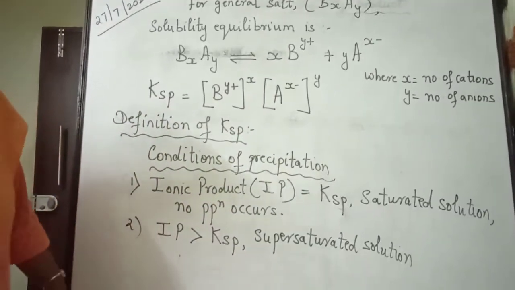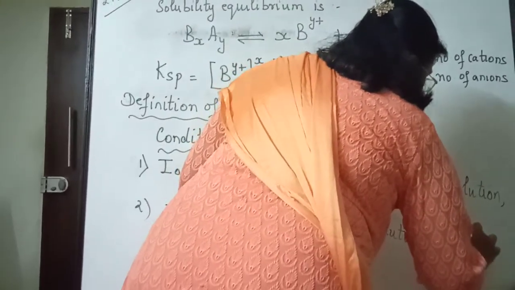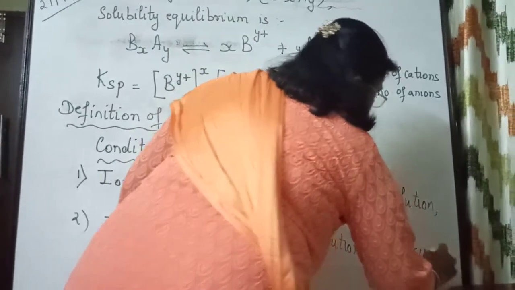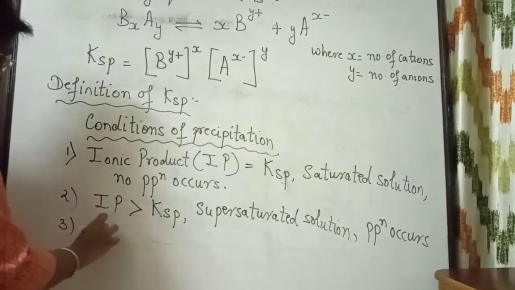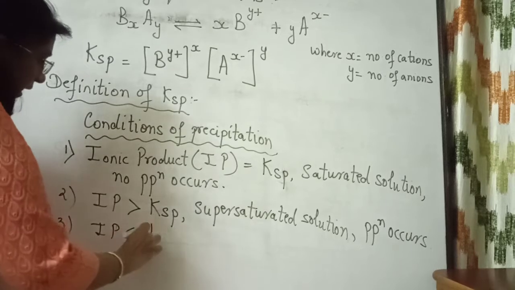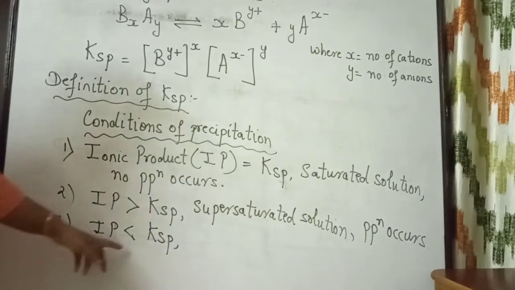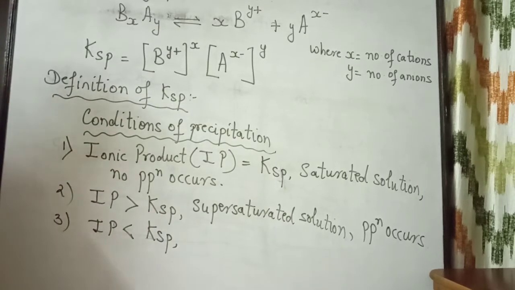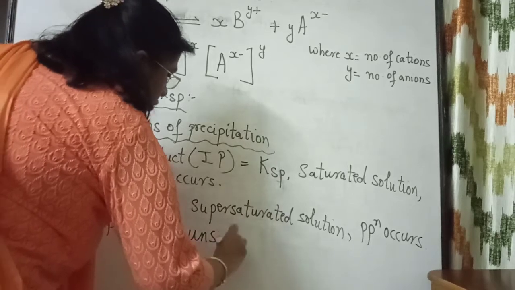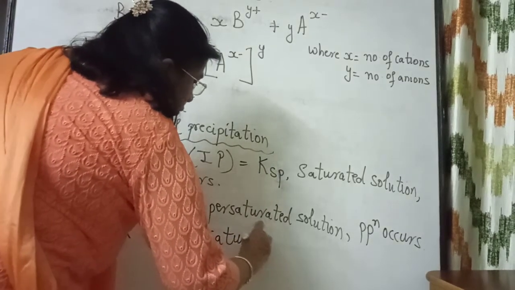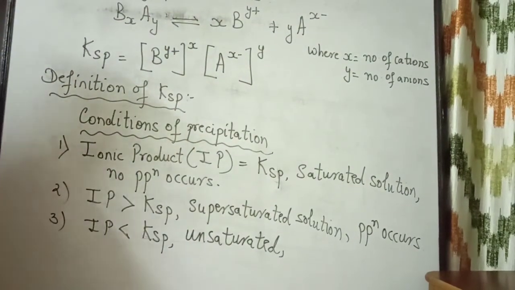If the solution is supersaturated, then precipitation will take place. And the last condition, that is, ionic product can also be less than the solubility product. Such a solution is called dilute or unsaturated solution.